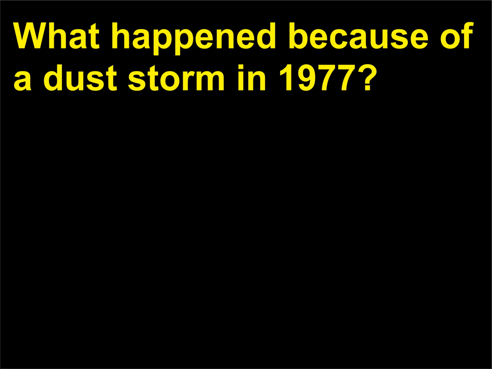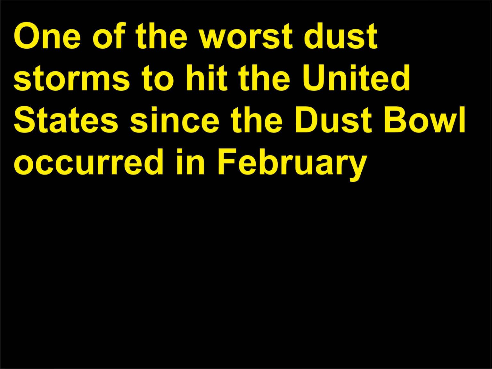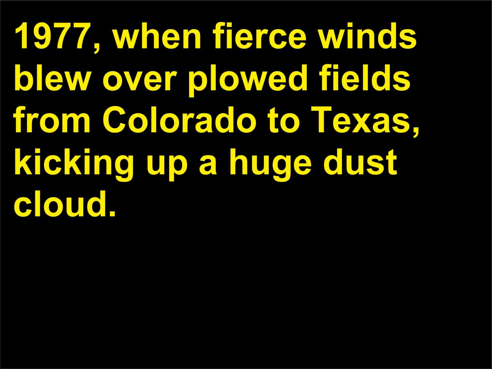What happened because of a dust storm in 1977? One of the worst dust storms to hit the United States since the Dust Bowl occurred in February 1977, when fierce winds blew over plowed fields from Colorado to Texas, kicking up a huge dust cloud.